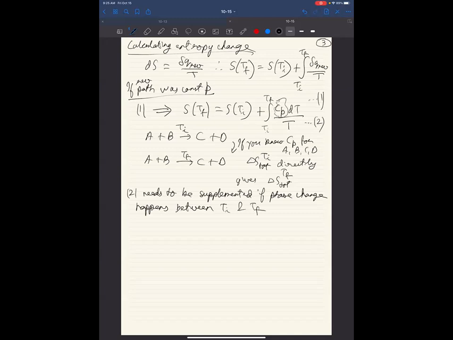So what do I mean by that? Let's say we had a solid which is changing to a liquid, which is then changing to a gas, the same species A. And this change happens at Tf. In this case, Tf is T fusion, the fusion temperature.